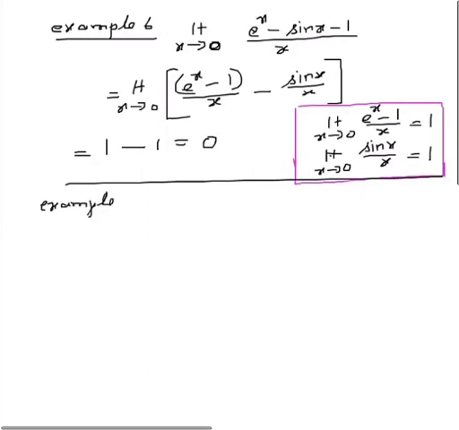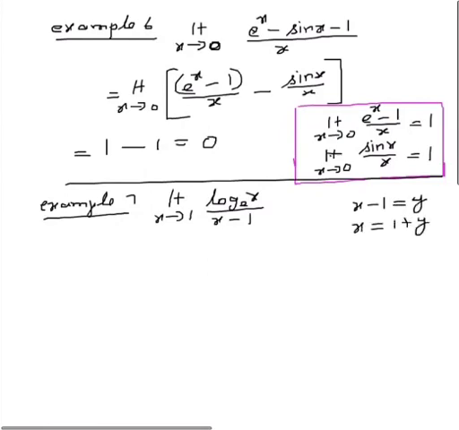Example 7. Limit x tending to 1 of log x to the base e divided by x minus 1. We will use substitution. Let us take x minus 1 as y. Therefore x is 1 plus y. As x tends to 1, y tends to 0. By substituting x as 1 here, we get y as 0.